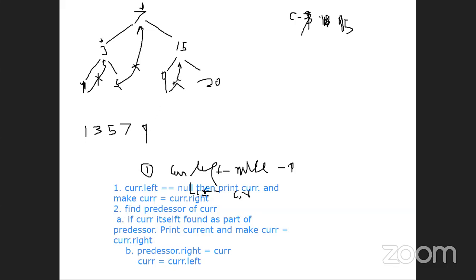First I will break this connection. I forgot to mention the 2A step: first print 15, and then make current 20. 20 has no left, so I can print 20, and there's no right. So this is done.